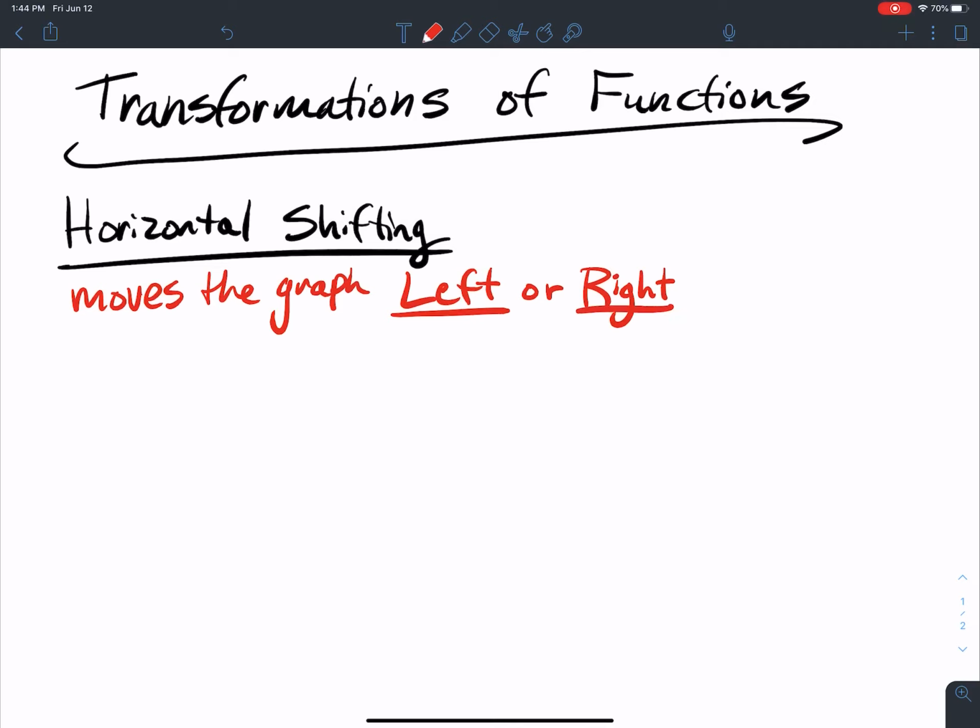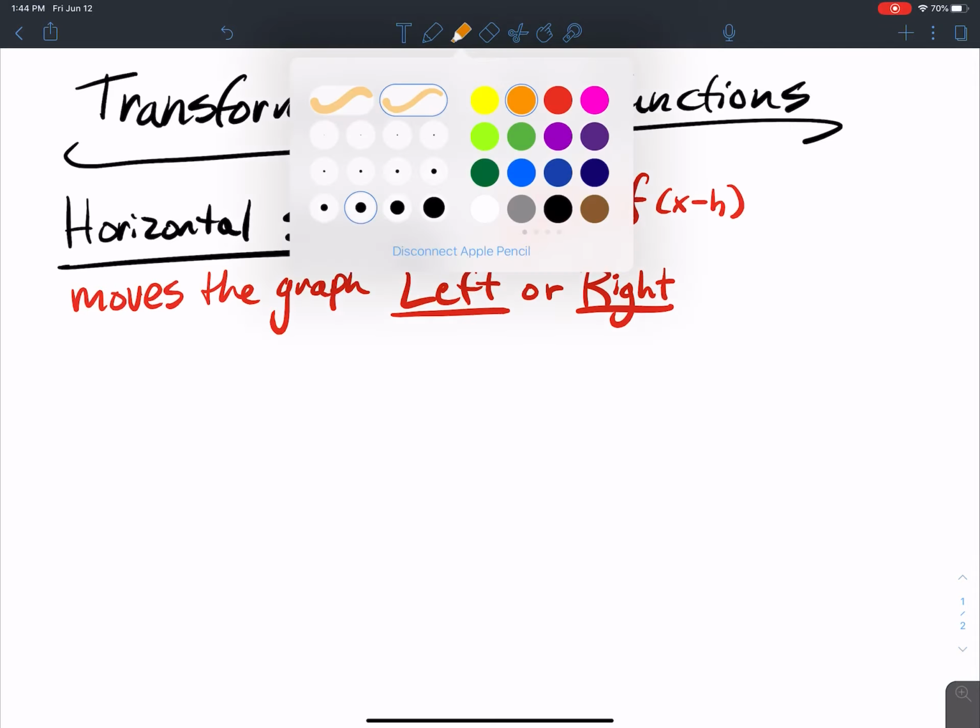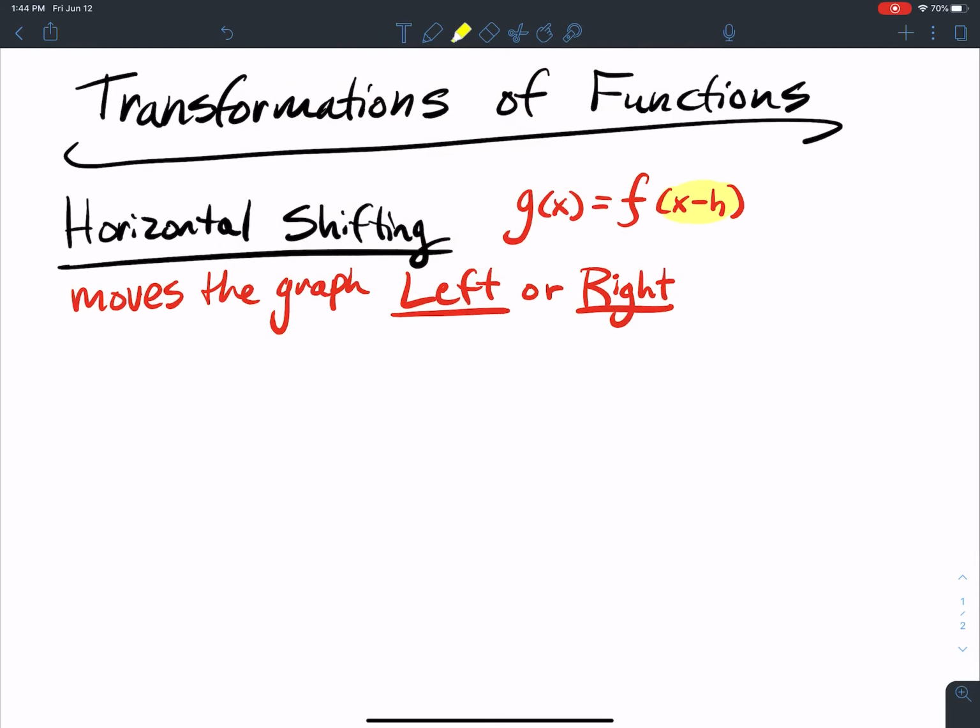Okay, left or right. Now, in general, we have some g of x is equal to f of x minus h. Okay, so the kicker here is that the shifting is done inside the parentheses.